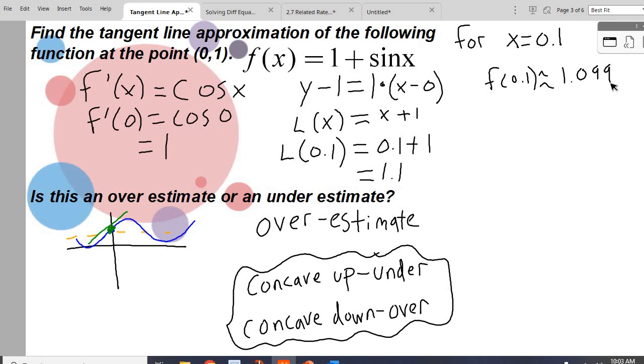Yeah. Now, notice that if I had done something way farther away, let's say we did L of 1.1 instead. What would that have been? 2.1, because I would plug it back in here. Okay? So then what is f of 1.1?